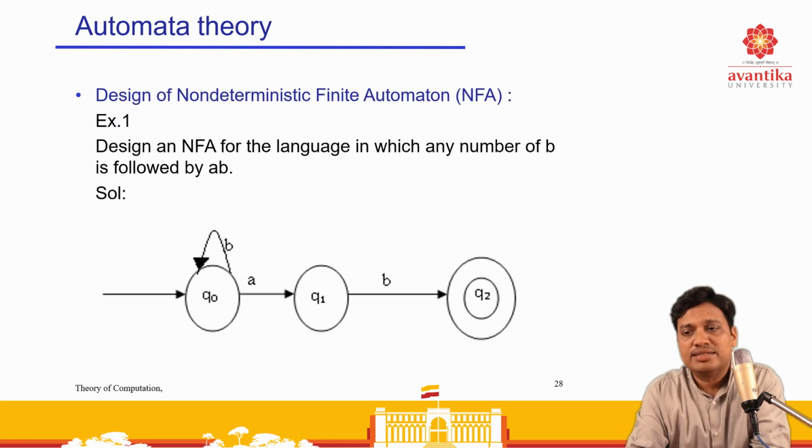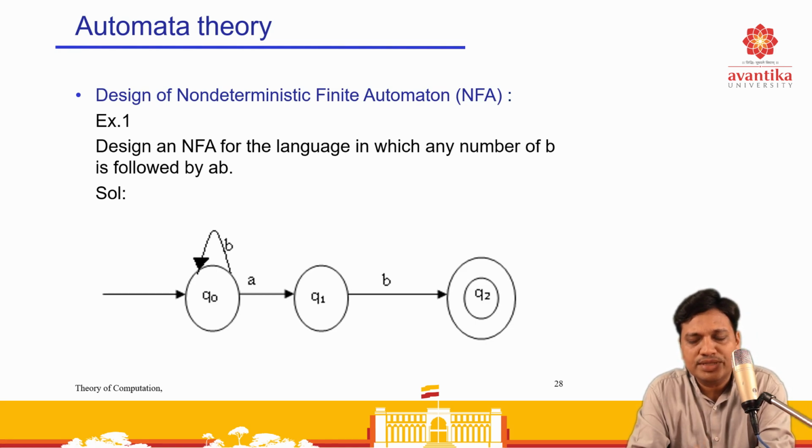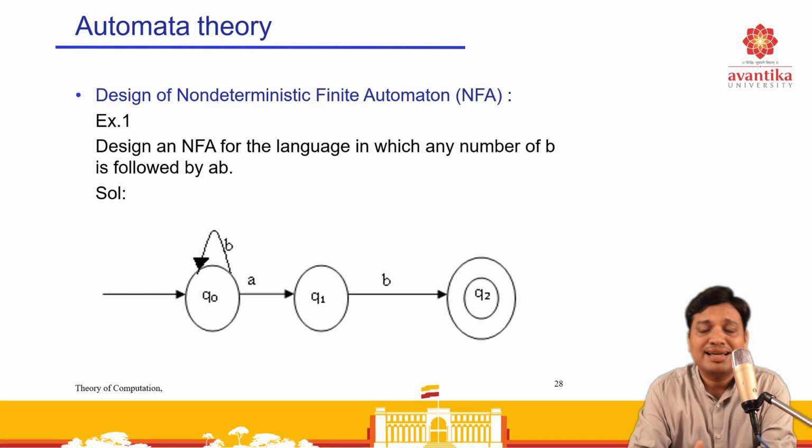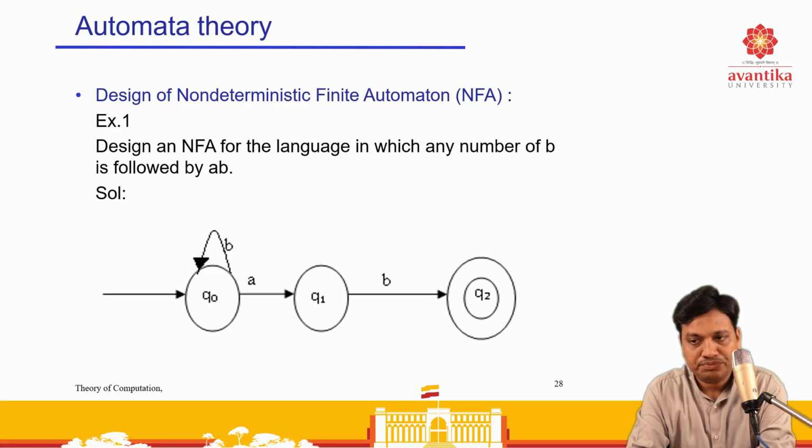Now taking examples of non-deterministic finite automata. See the first example: design an NFA for the language in which any number of B's is followed by AB. Any number of B's is represented in a DFA or NFA by a self loop.